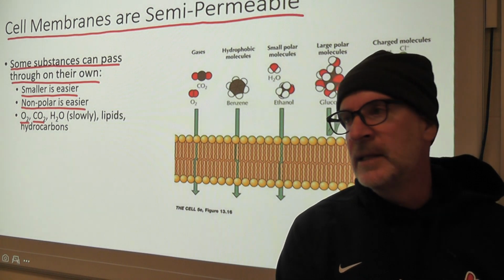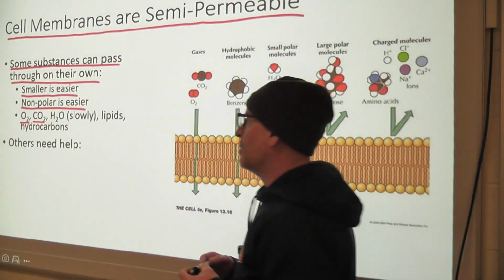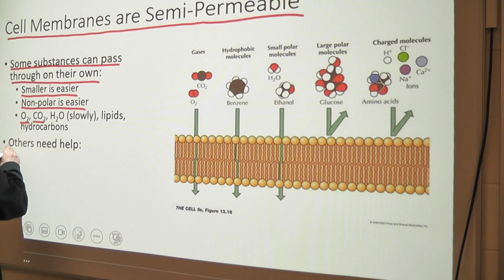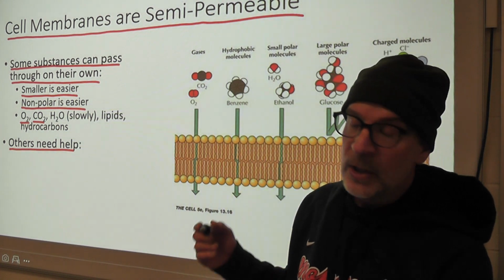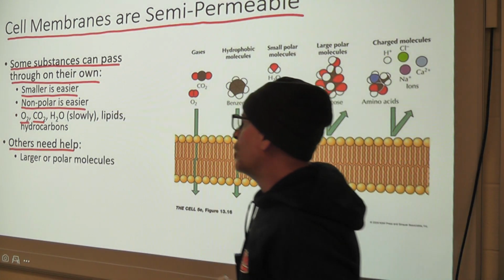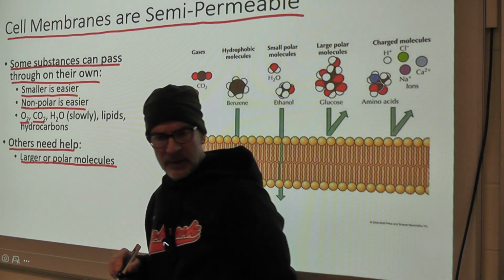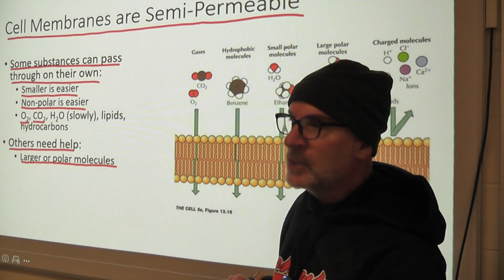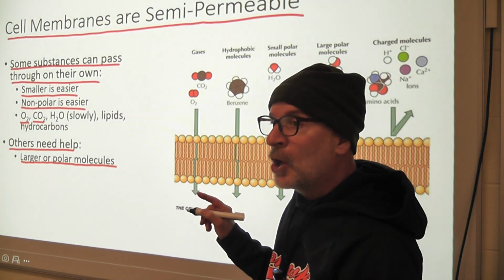There are other things that cannot move on their own through a cell membrane, and those are things that are either large or have polarity or are charged, or both. So larger or polar molecules have a tough time getting through that cell membrane on their own. There are some things that are really small, but they have a charge.